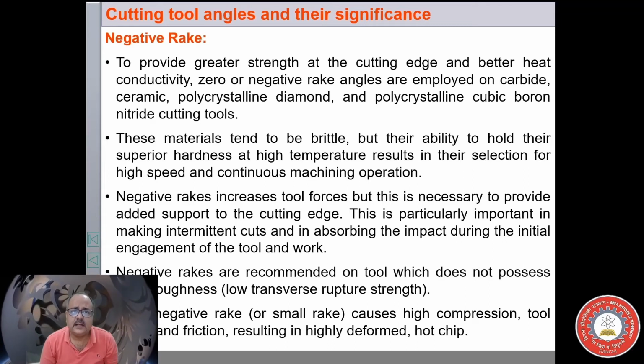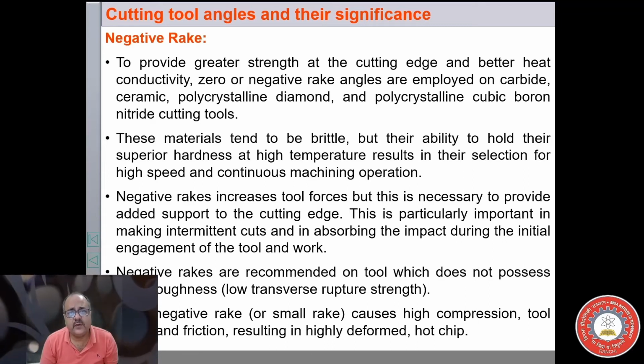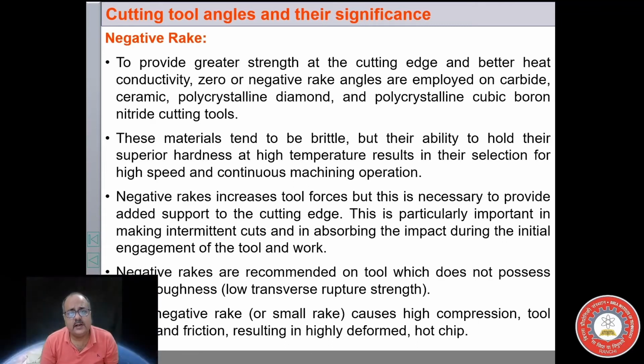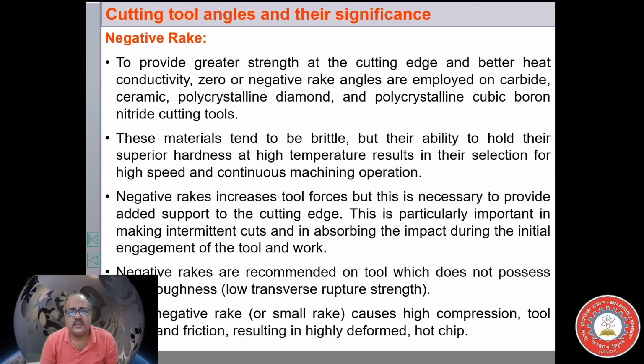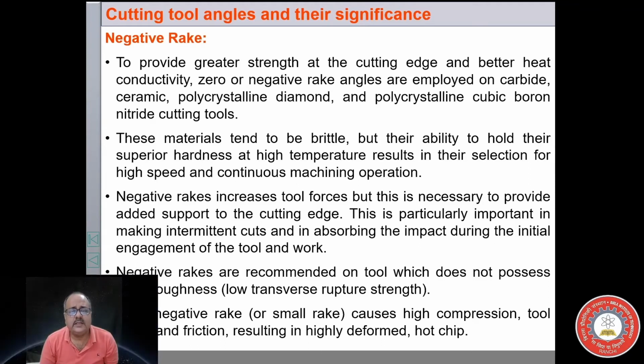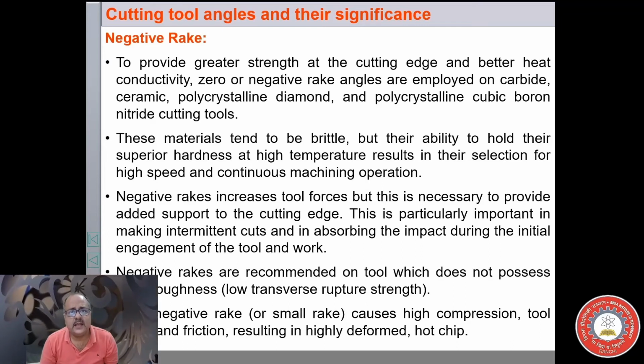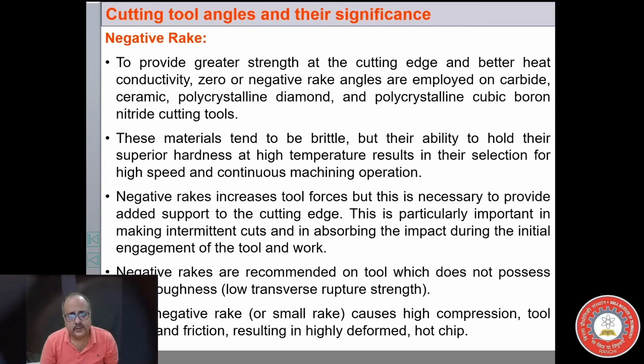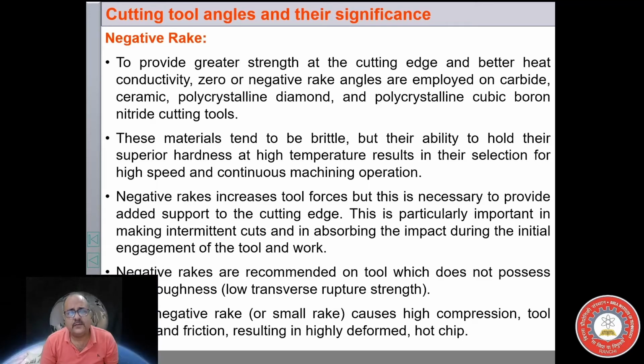Negative rake angles are essential when you are machining with brittle tool material, like ceramics and carbides. These are highly brittle, and if we give a positive or higher rake angle, then these are likely to fracture. So in order to increase the life, we incorporate negative rake angle.